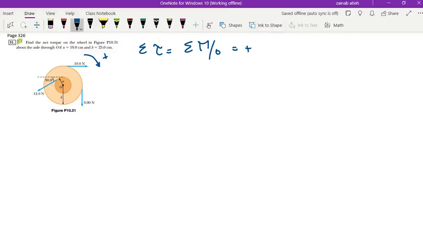The moment is F r sine theta, so 10 times the distance between the force and O, which is B, 0.25, and sine 90.